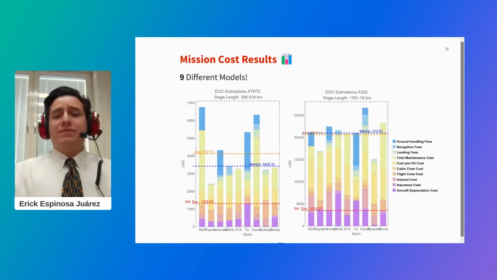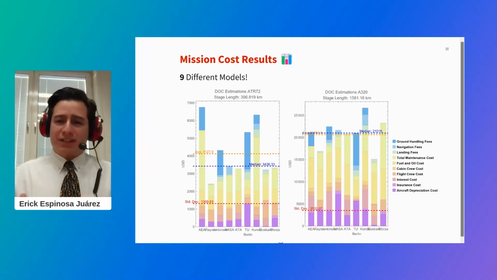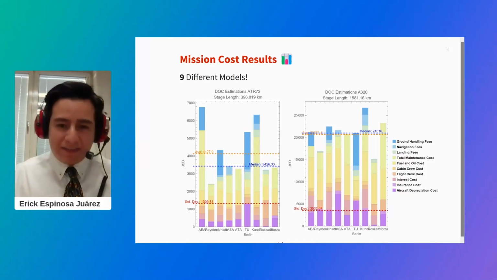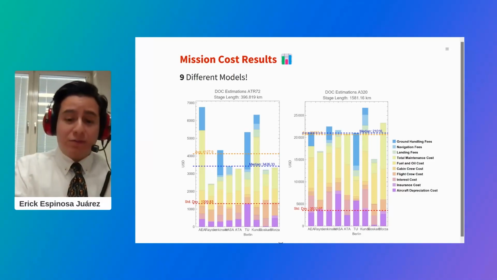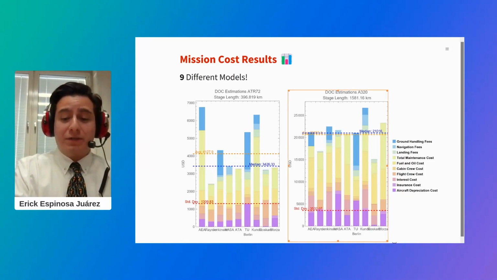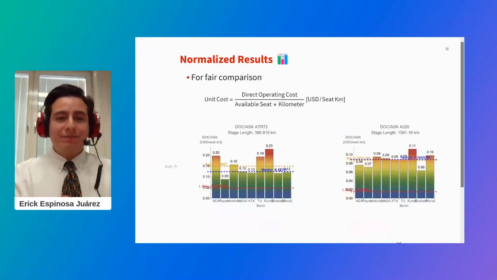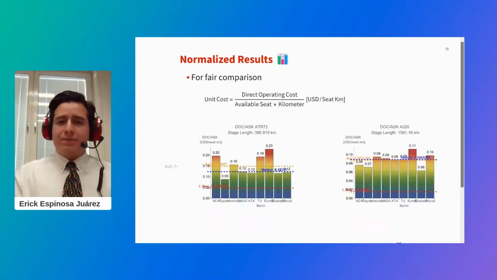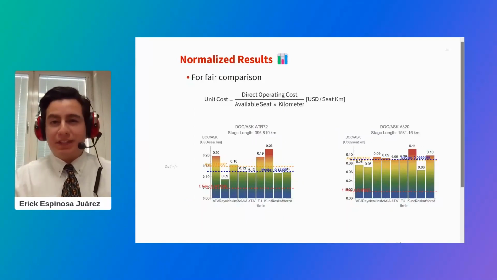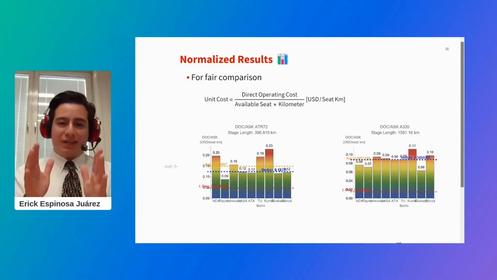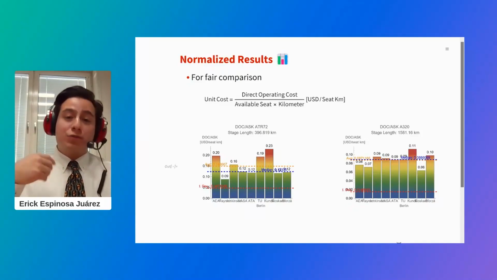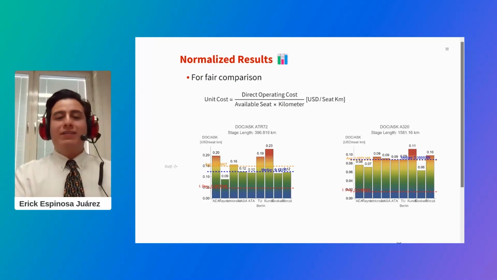On the second part, for the larger airplane and the longer distance, the median and the average are quite close, so there is better agreement between the models. But we need to consider this whenever we are doing this analysis. If we normalize the results, because we are comparing big airplanes, small airplanes, long distance and short distance, the industry uses the unit cost, which is how much it costs to travel one seat one kilometer.